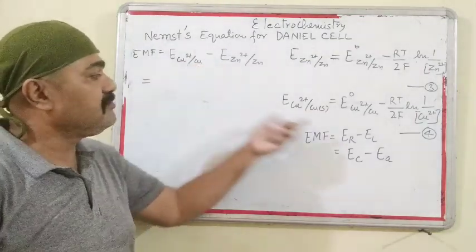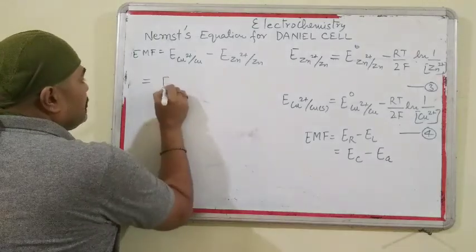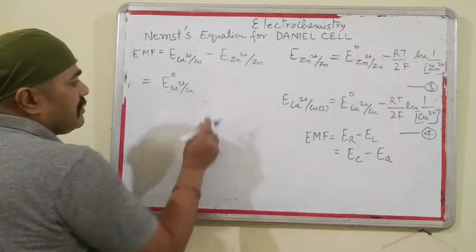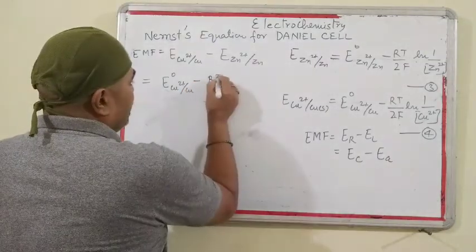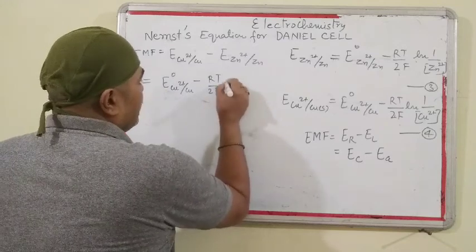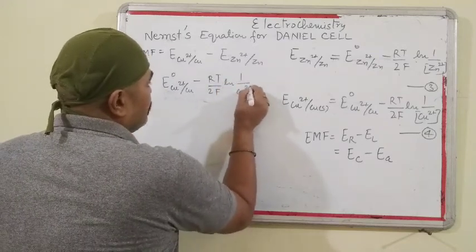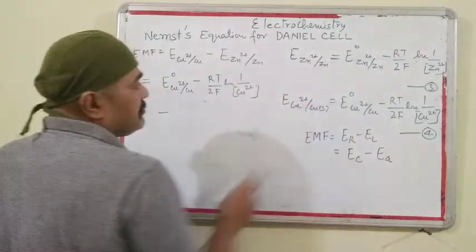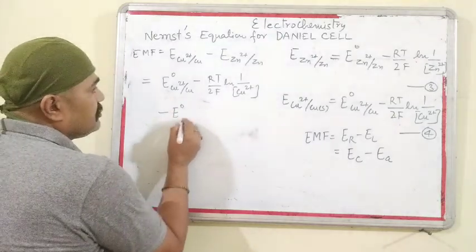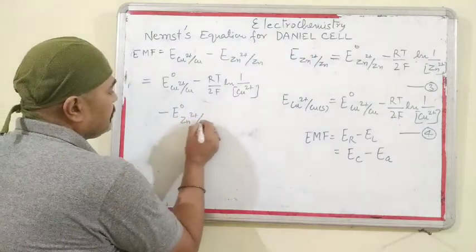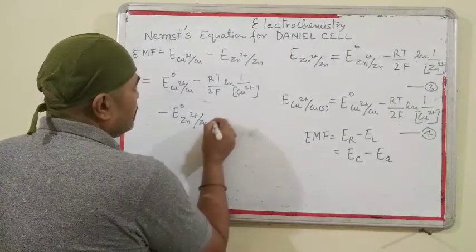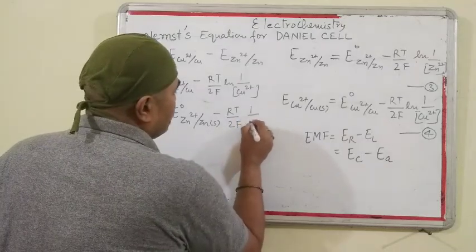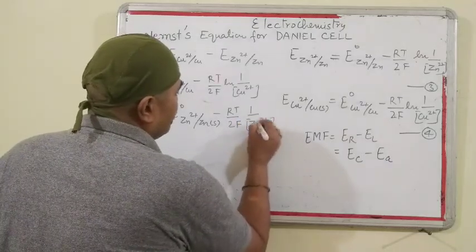In place of E(Cu2+/Cu), I write E0(Cu2+/Cu) minus RT upon 2F ln 1 upon [Cu2+], and minus of this, E0(Zn2+/Zn) minus RT upon 2F ln 1 upon [Zn2+], the molar concentration.